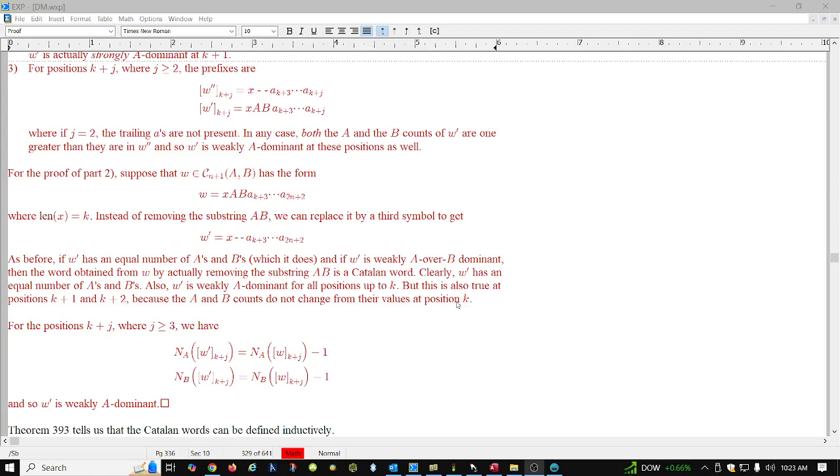Well, again, clearly W prime has an equal number of A's and B's. Also, W prime is weakly A dominant, I should say A over B dominant.